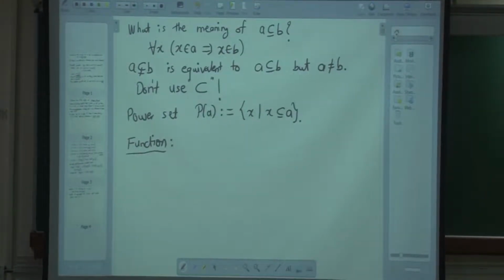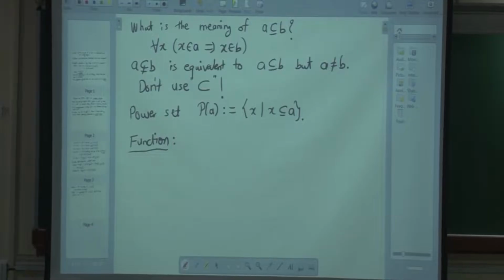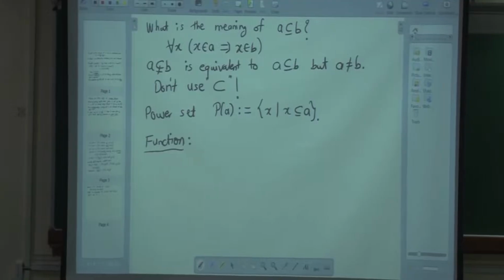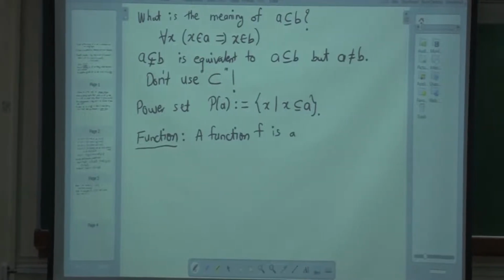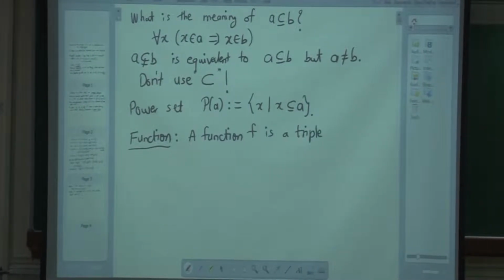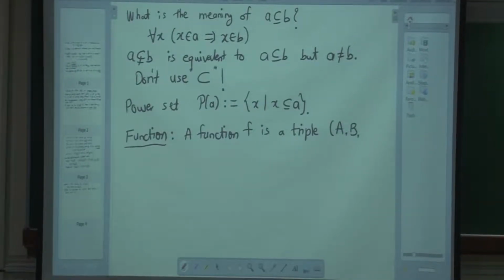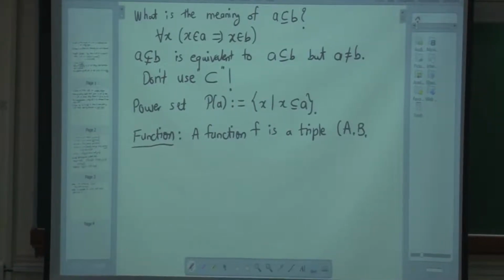So I think we discussed this enough yesterday. A function f is a triple A, comma B, comma... So can you replace f with something more meaningful?